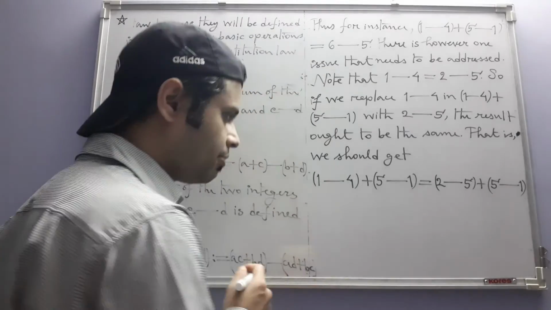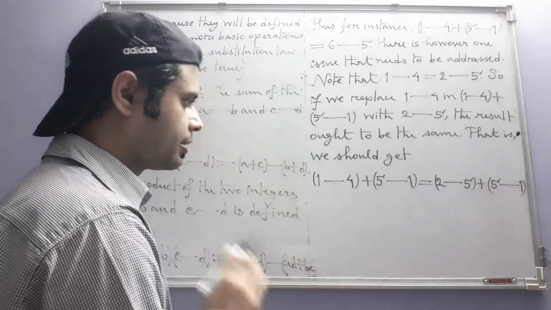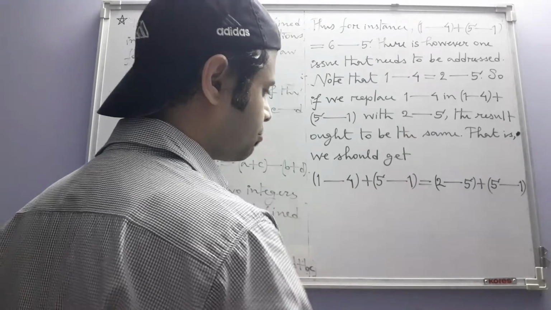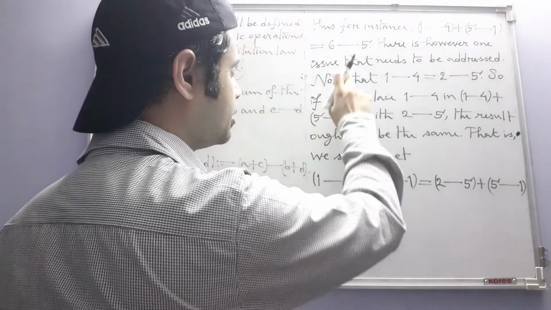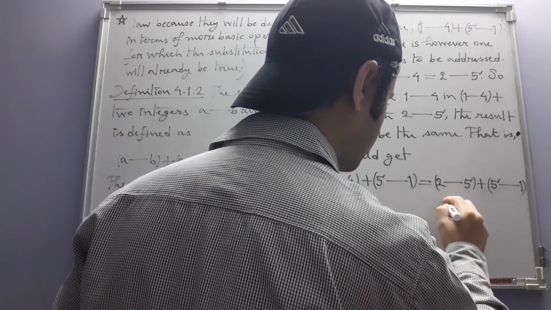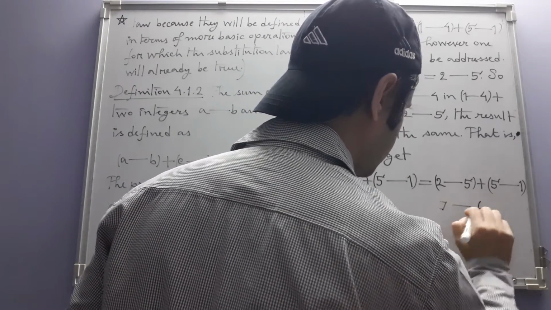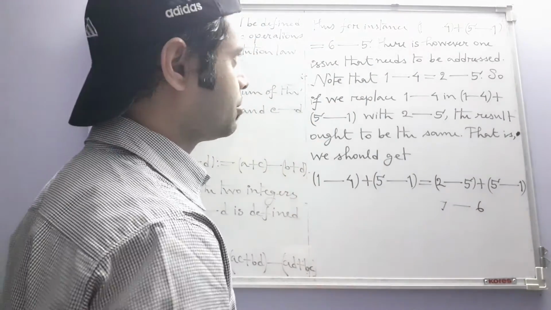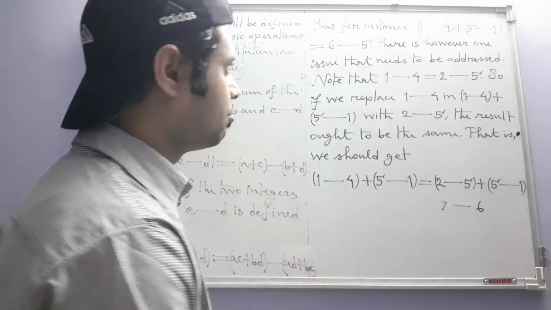Now in this particular case, you can of course see that 1 plus 5 is 6 and 4 plus 1 is 5. So this is 6 dash 5. Here however we would get 7 dash 6, and you can see that 6 dash 5 is equal to 7 dash 6. Why?